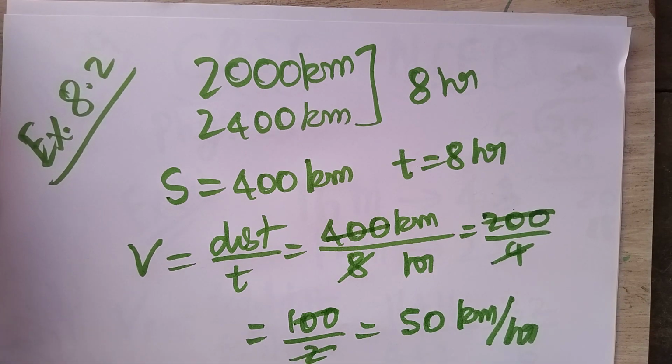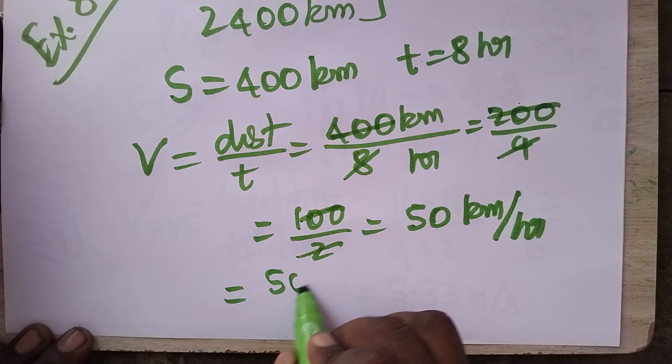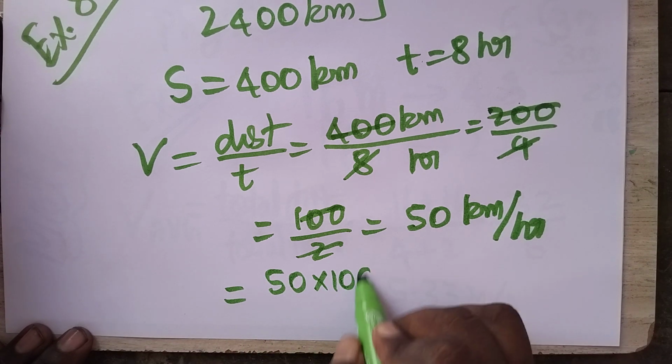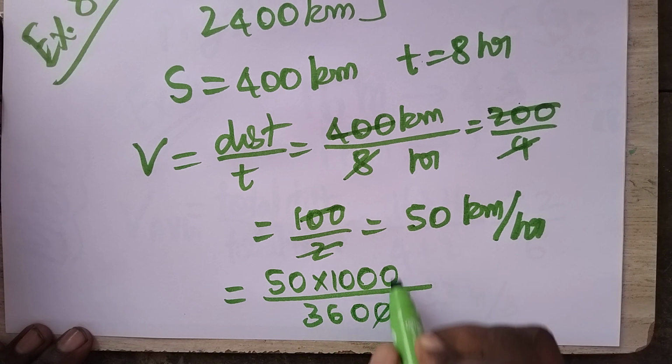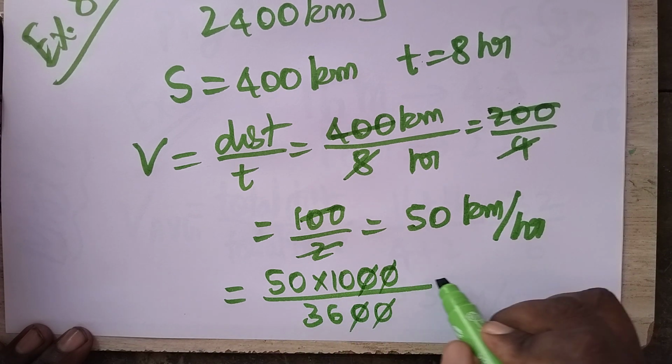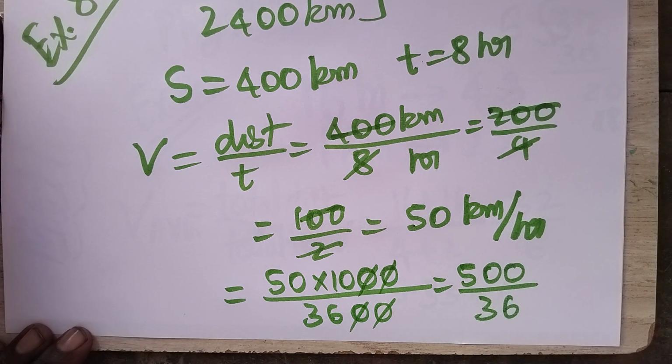The answer you should give in SI units only. So 50 kilometer: 1 kilometer is 1000 meter, and 1 hour is 3600 second. The zeros get cancelled, so 500 divided by 36. Normal division only you can do.